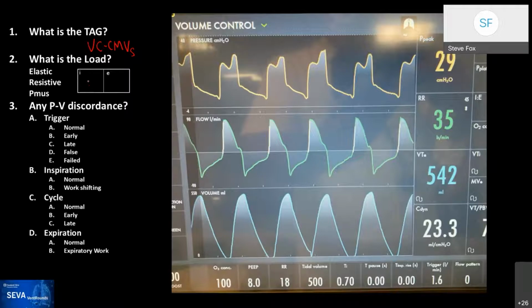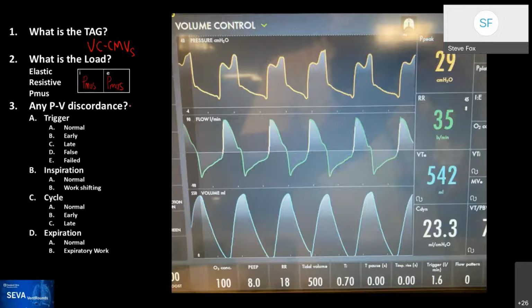That shows that there's some inspiratory work, and there's probably some expiratory work too. It's not flow starvation, but it may be a little bit of work shifting. So anyway, moral of the story, PMOS is there. And I guess elastic versus resistive, there may be a hint of resistive, but it's hard to tell. So we'll go with PMOS as the answer.